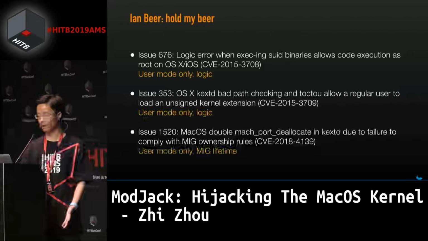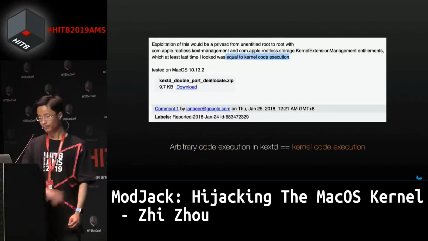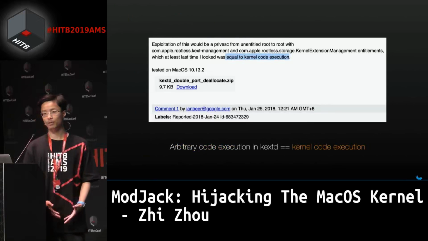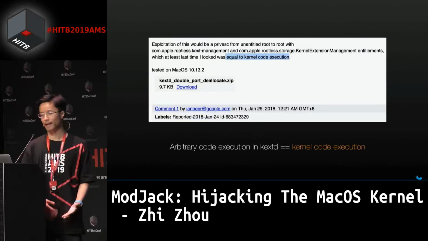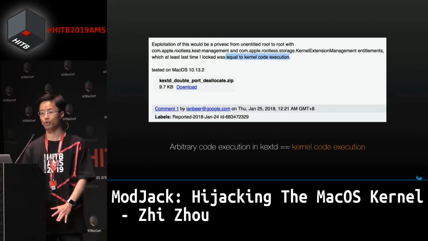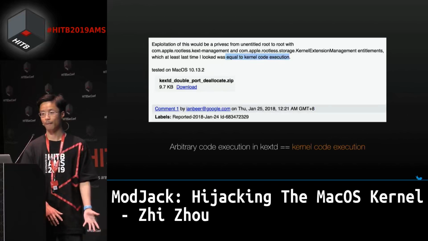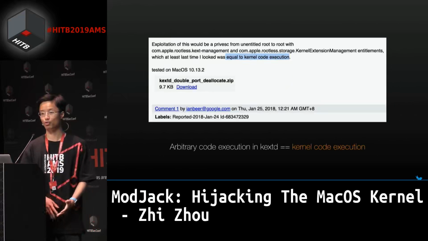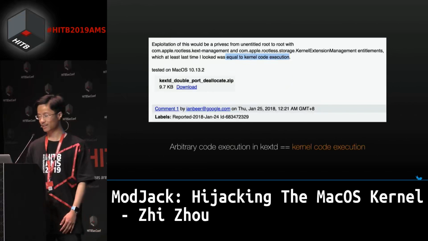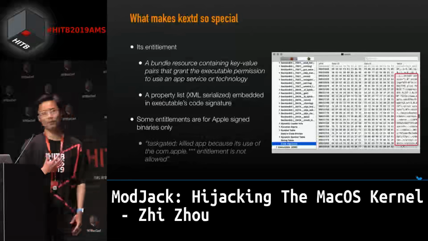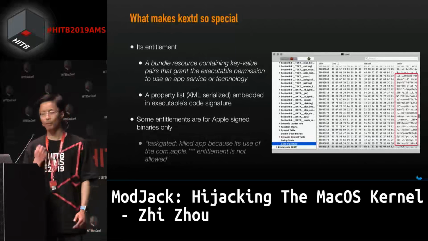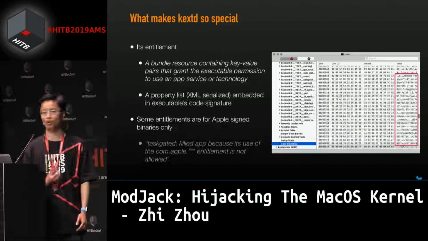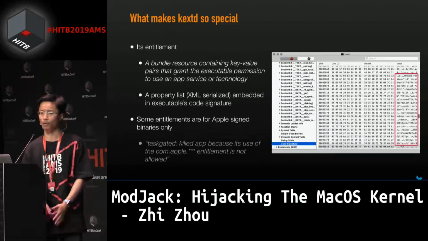But these issues tell us that arbitrary code execution in this KXD process equals kernel code execution. So this is a huge attack surface. But there will be a question: what makes this KXD so special? Why can it control the kernel while being just a user space process?